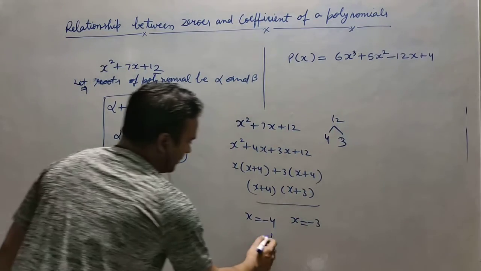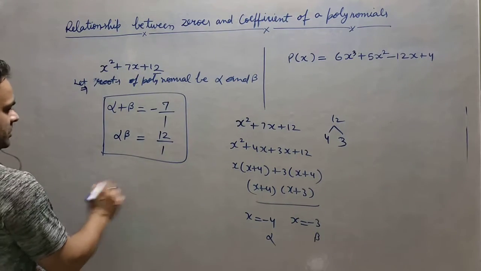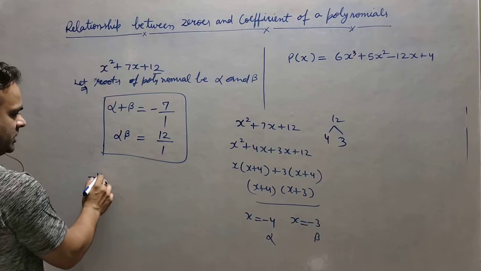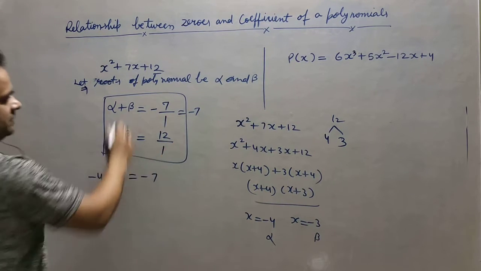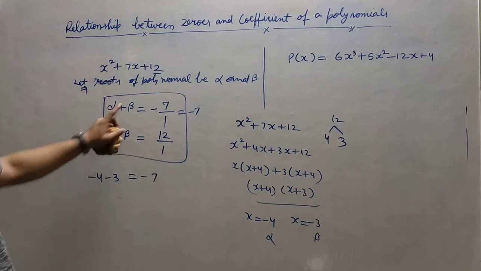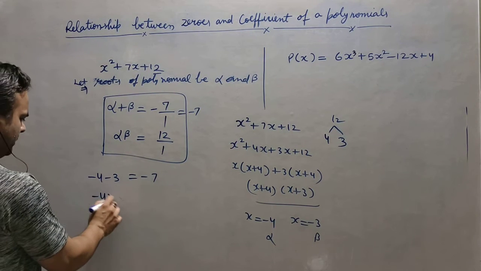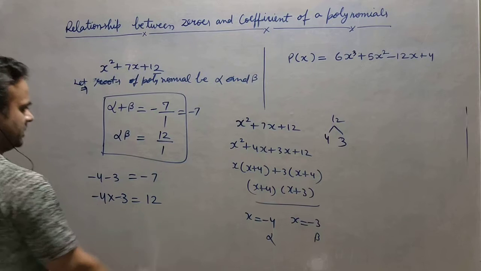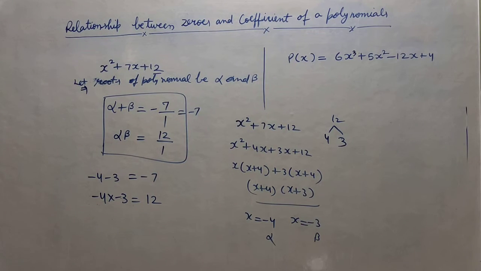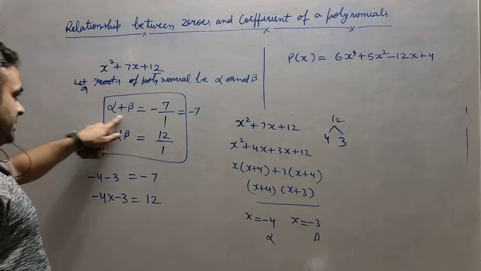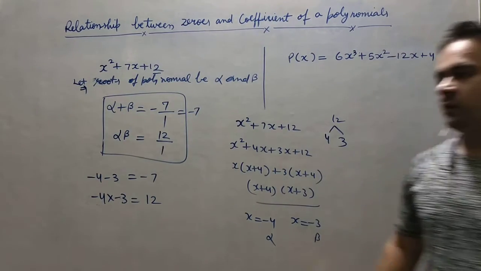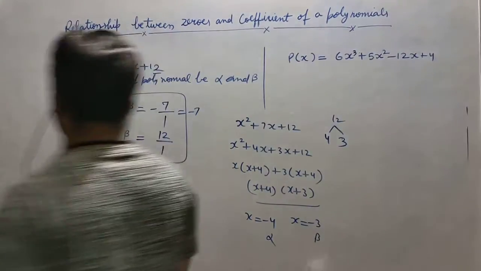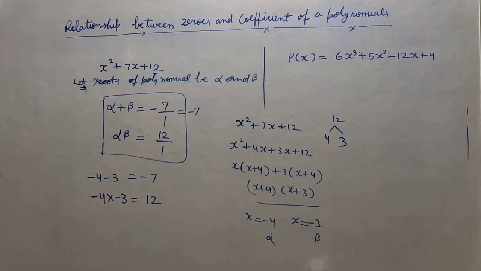So one will be alpha and one will be beta. Minus 4 minus 3 is minus 7, so it is correct. If I do the product of both of them, it is 12. It means we have proved that alpha plus beta will be minus b upon a, and alpha beta will be c upon a. This is the universal truth now for quadratic polynomials.